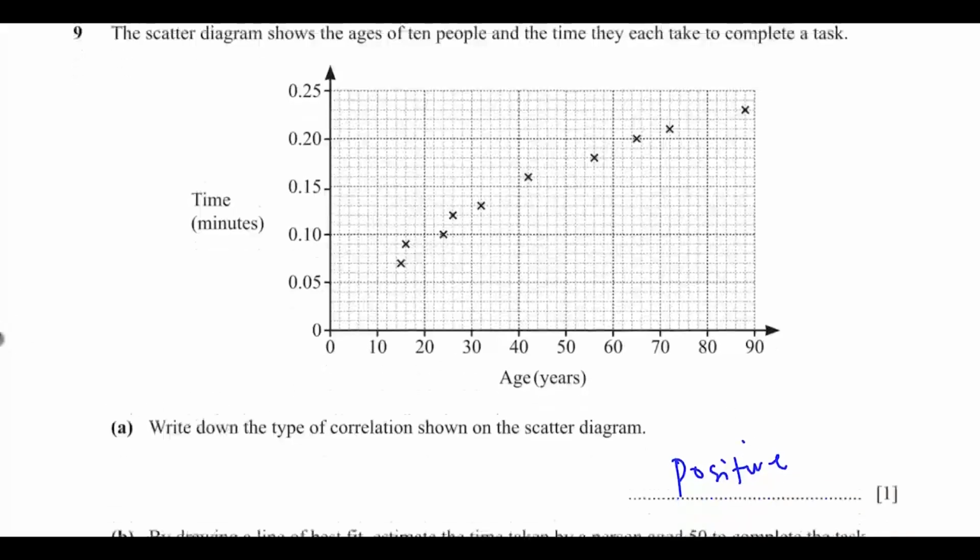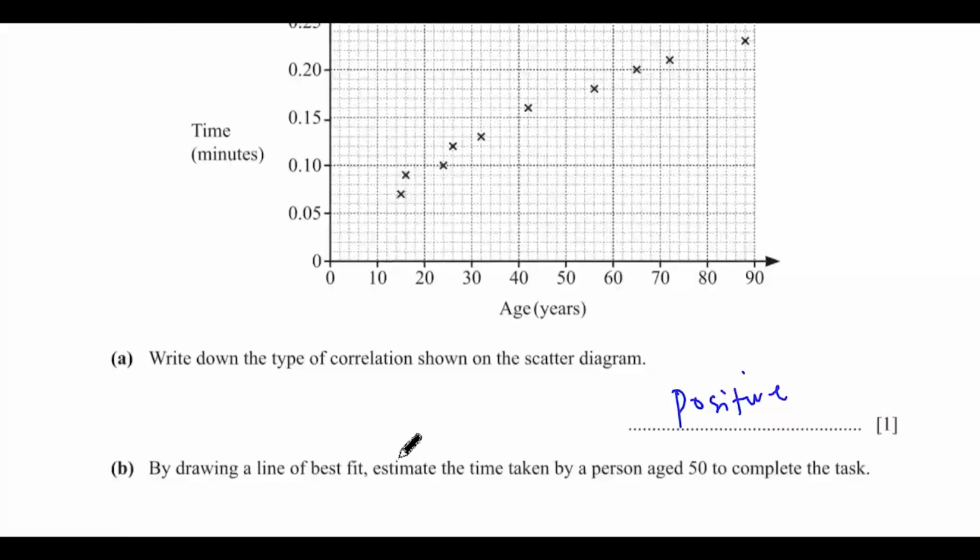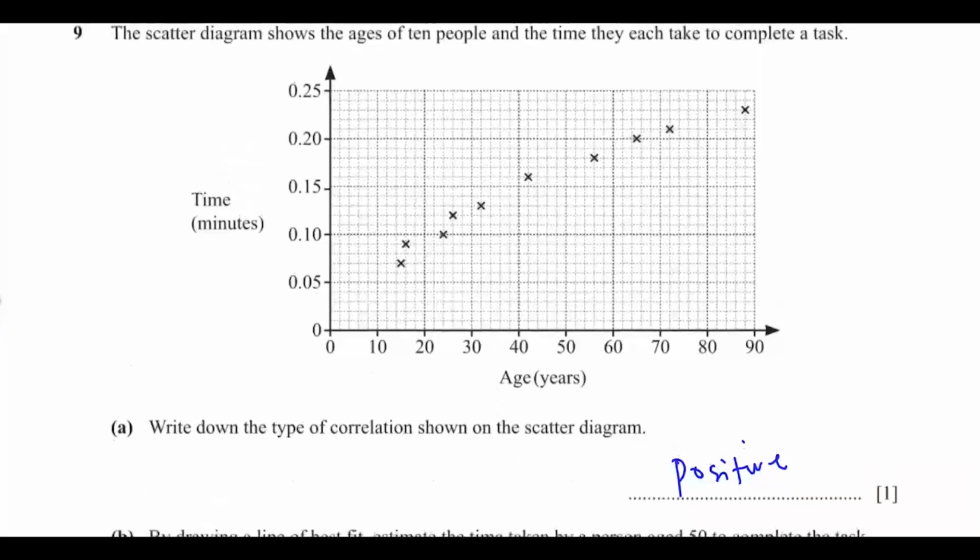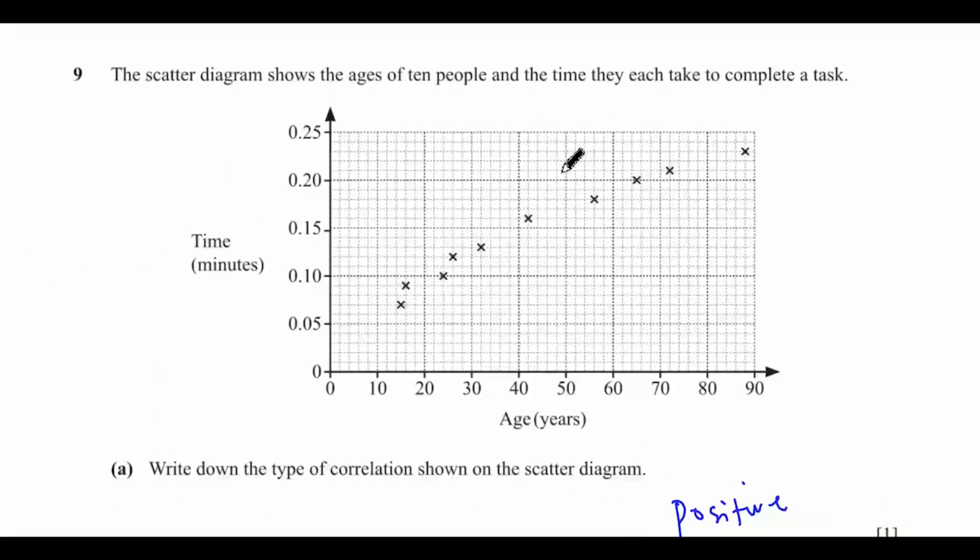Then part B, by drawing a line of best fit, estimate the time taken by a person aged 50 to complete the task. So if you come here, the line of best fit will be this.